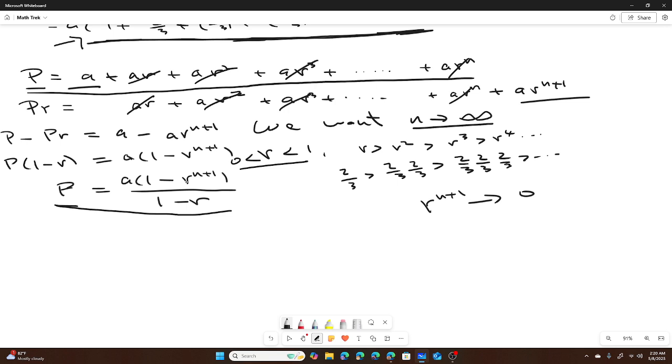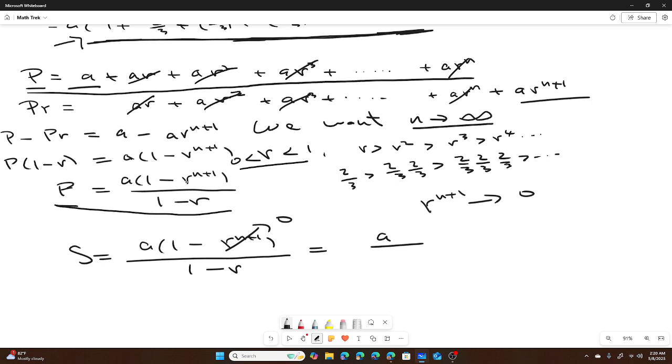So S is going to be a times (1 minus r^(n+1)) divided by (1 minus r), where we set r^(n+1) to 0, and what we have is a times 1 divided by 1 minus r.